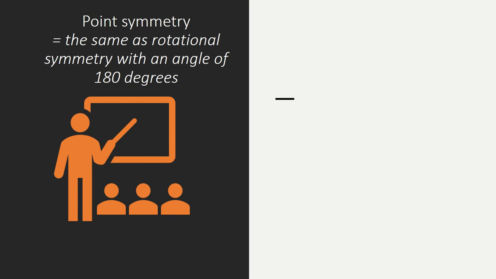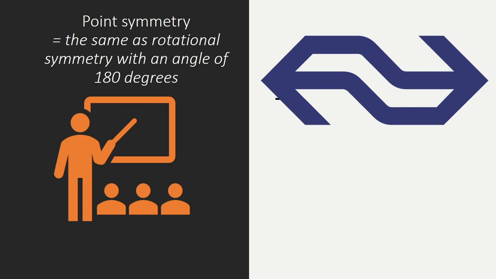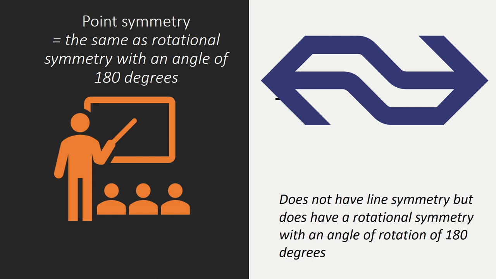Alright, so now you're going to have a look at point symmetry. Point symmetry is the same as rotational symmetry, but with an angle of 180 degrees. So, for instance, the logo of NS. If you rotate it, you can only rotate it with an angle of 180 degrees.